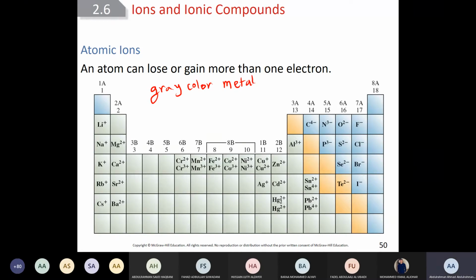With blue color, nonmetals. And with yellow color, metalloids.